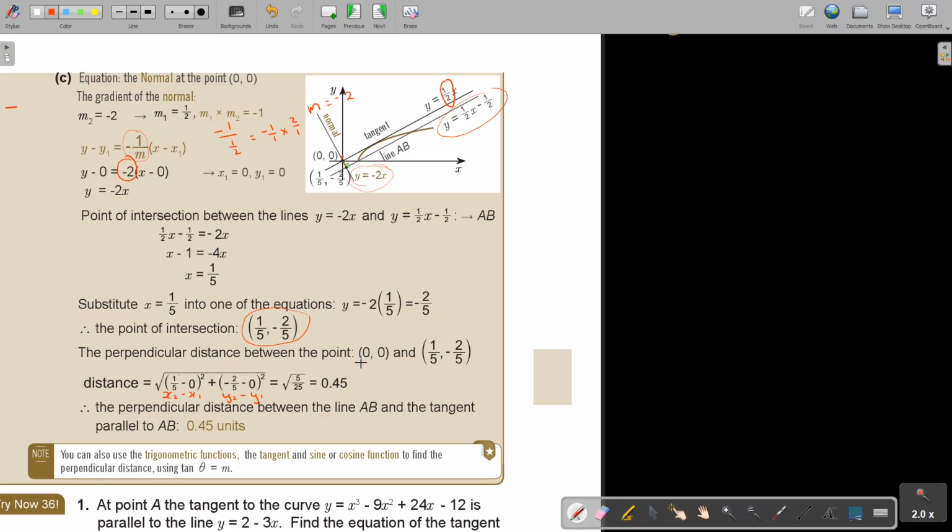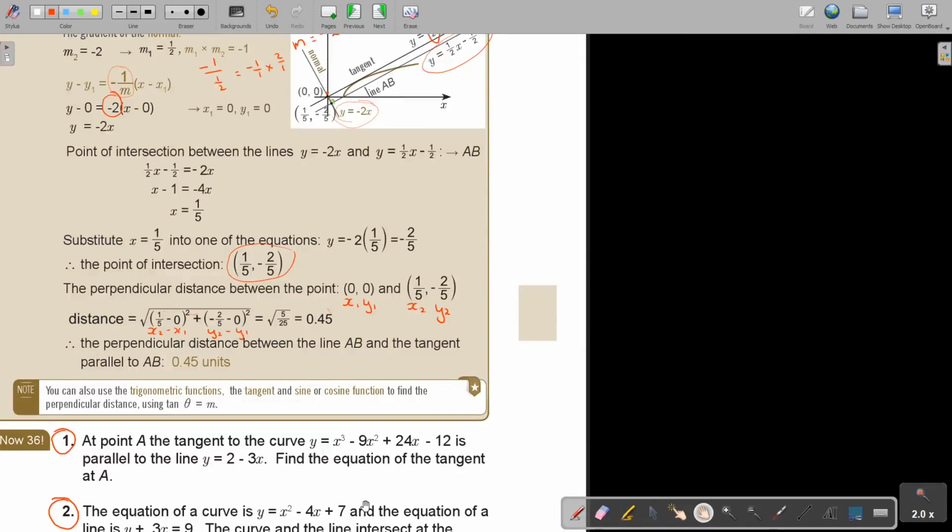So this is going to be x1, y1, x2, y2. And if I work with that, I will get these answers. So the perpendicular distance between the line and the tangent will be 0.45 units.